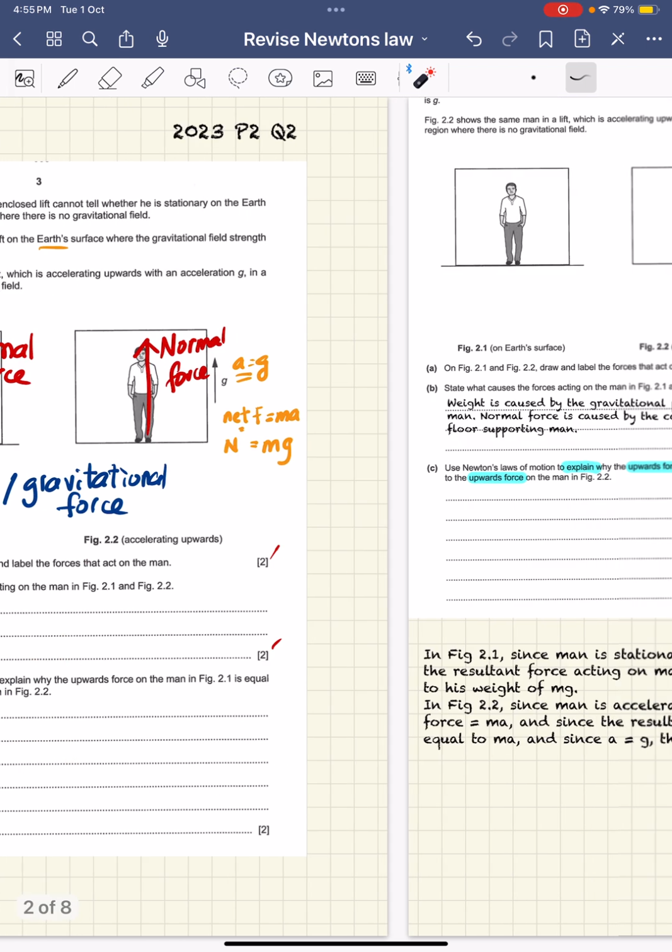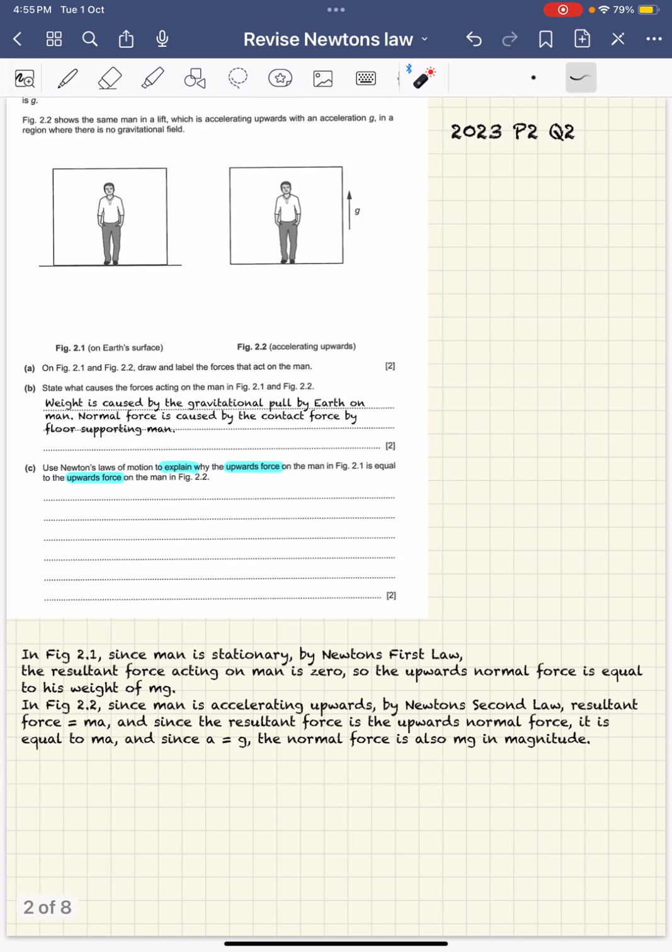Therefore, writing it out in a nicer prose form, I will write it this way. In figure 2.1, since the man is stationary, by Newton's first law, the resultant force acting on the man is 0. Here I'm showing my application of Newton's first law. So the upward normal force must be equal to the downward weight of magnitude mg.